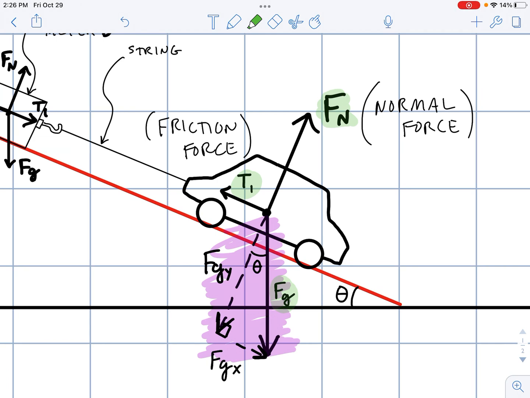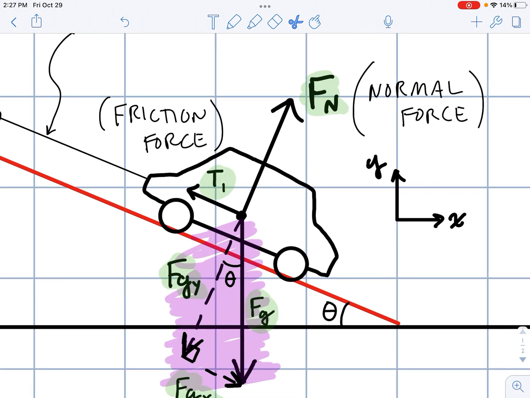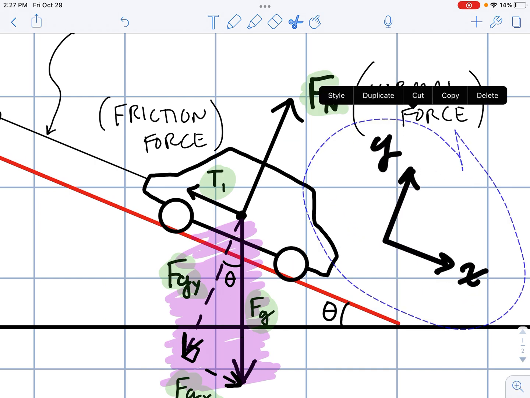Now we also have the y and x components of the gravitational force. Keep in mind that we have taken our standard system for direction, and we have essentially rotated it, so that it matches the angle of the ramp.